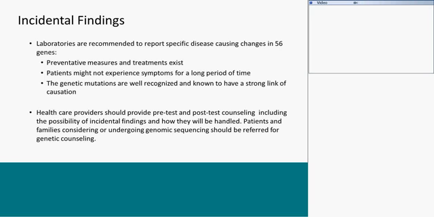The American College of Medical Genetics has come up with 56 genes, with criteria that they recommend we go ahead and report if we find an incidental finding in them. There are preventive measures for them.